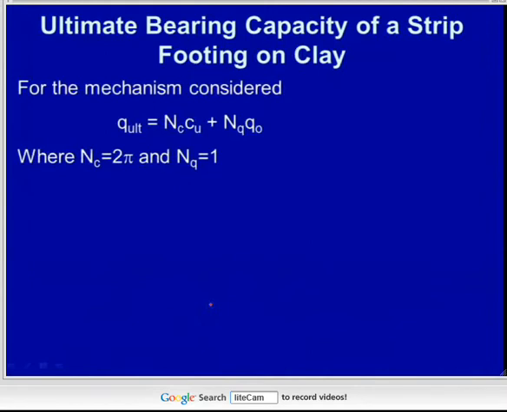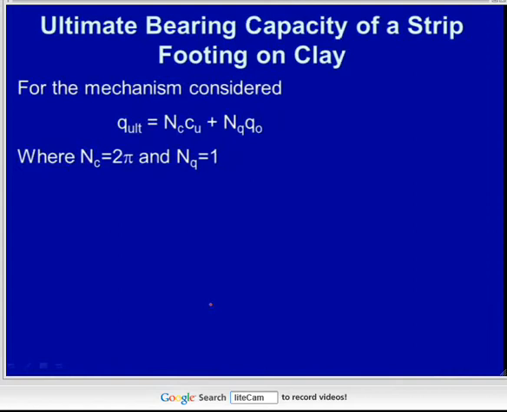All I've done is taken my 2 pi, and because it's a number, I've called it a constant NC, the bearing capacity factor for the cohesion. And I've said I might want to have a constant in at that point there, times the surcharge pressure, but in our case, we got an answer of NQ equals 1.